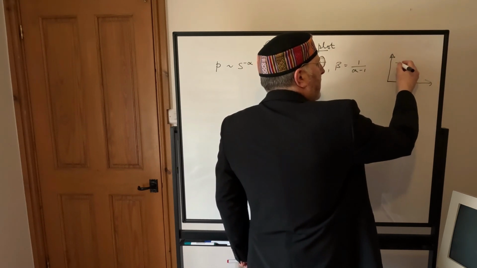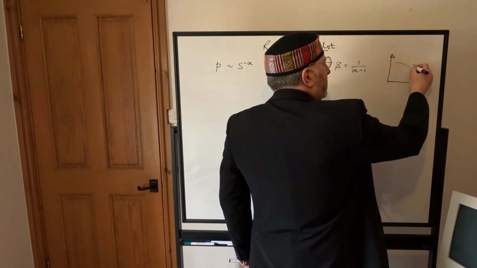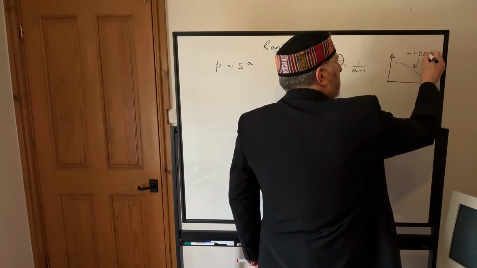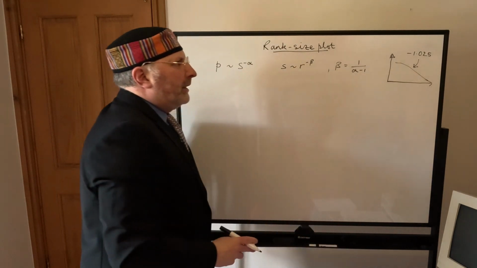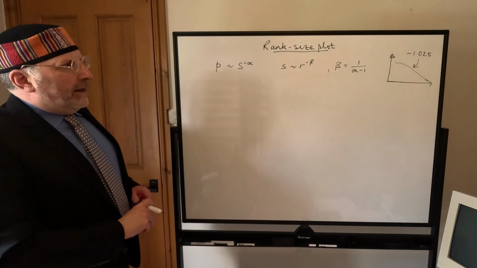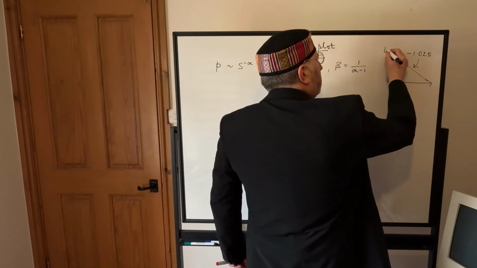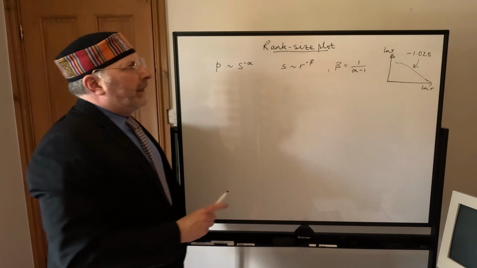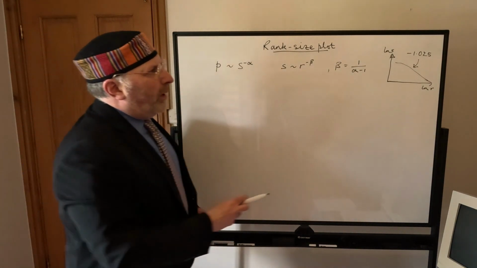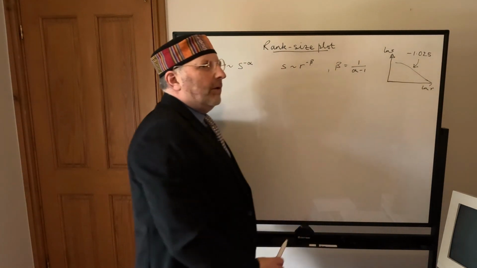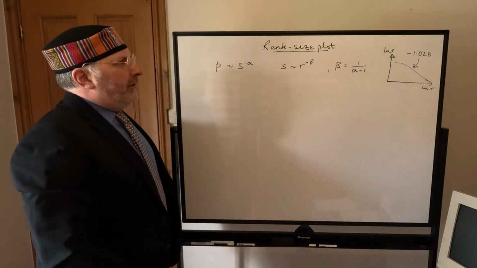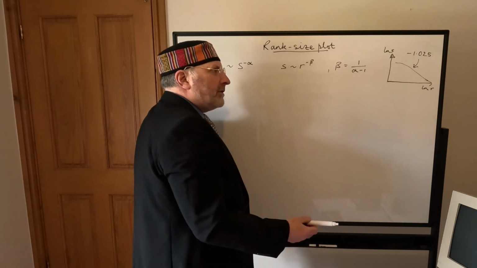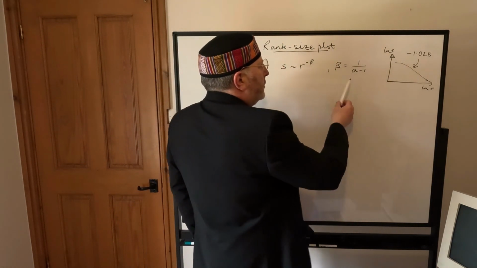So if we looked at our Alice in Wonderland data there, the slope of the rank size plot, so that's log S against log R, is minus 1.025, so it's very close to minus 1. And Zipf found this also in cities and in many other written texts. It always seems to come out to 1.